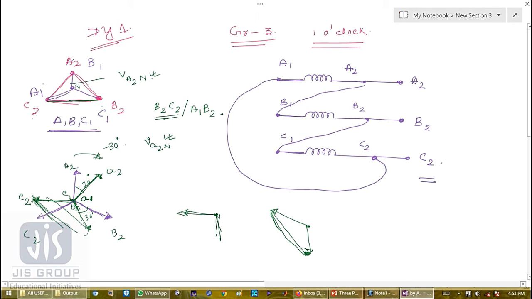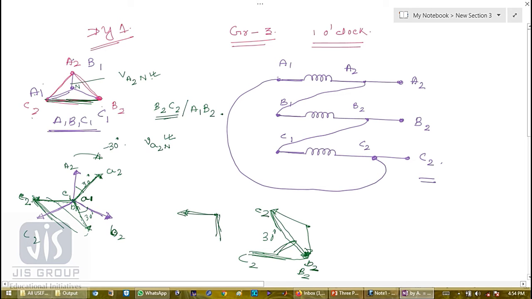So this is my small A2, this is small B2, and this is small C2. So this is my B2 C2, and it will be parallel to each other, as I have told. So this is B2 C2 for the high voltage side, and this angle is basically 30 degrees.